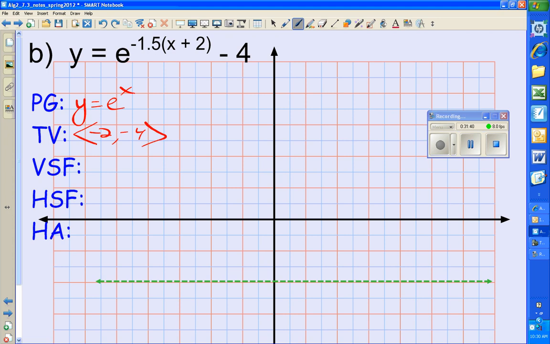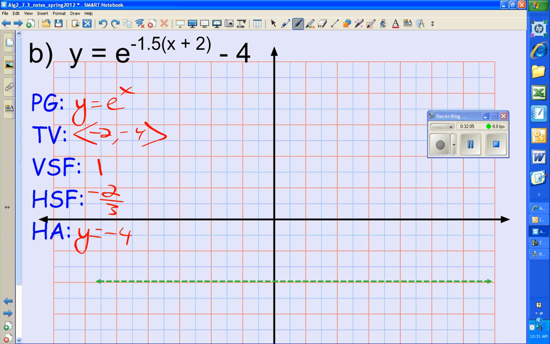Vertical stretch factor, 1. Horizontal, I put -0.6. Okay. How about as a fraction? -2/3. And then the horizontal asymptote is going to be y equals -4. So y equals -4 is always the D component of your translation vector.